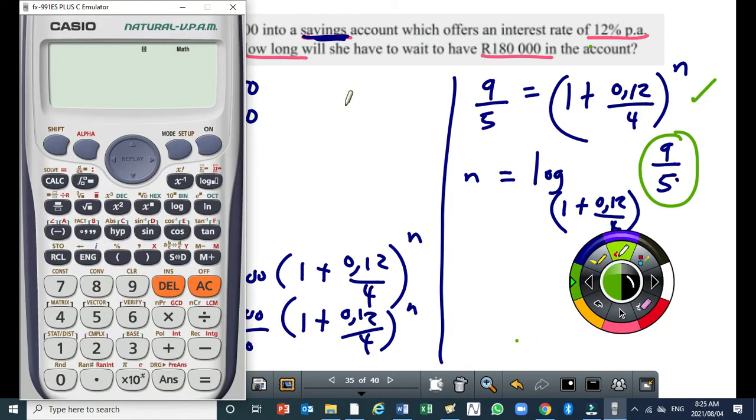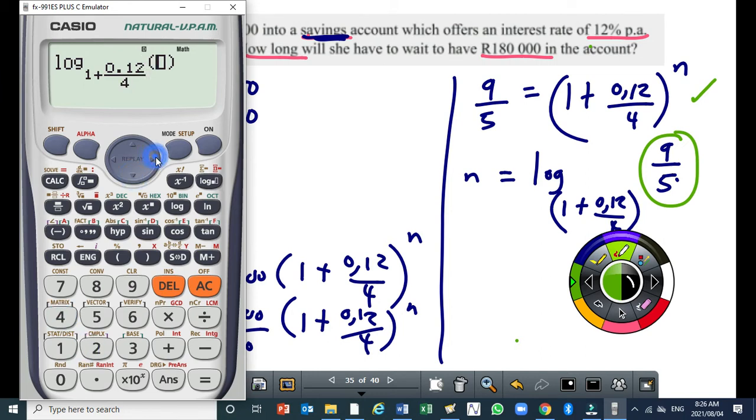So we are here now. I'm going to put that in the calculator. You go to this button here, click that, then put the base. The base is 1 plus the fraction option. It's always wise, when I'm doing it, that you are looking here; I don't expect you to be doing much. So that is 1 plus 0.12 over 4.